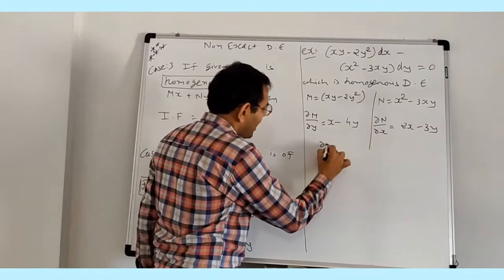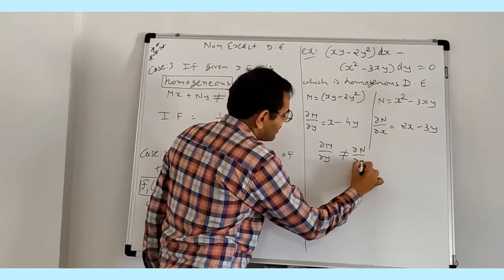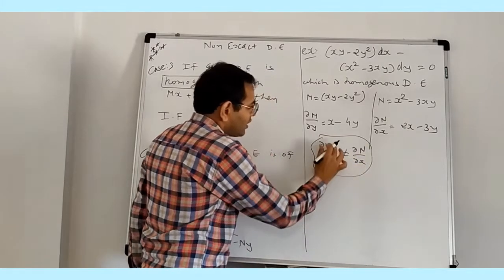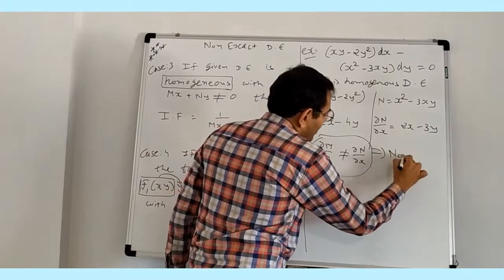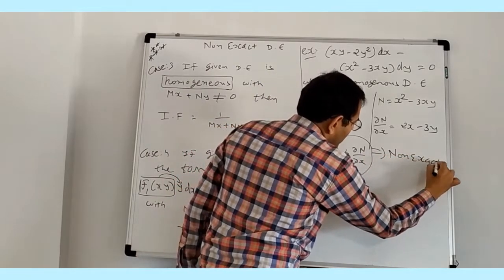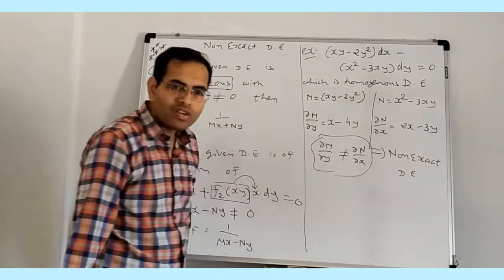Both have different values, so we can say that del M by del y is not equal to del N by del x.